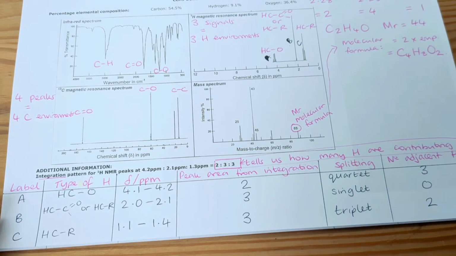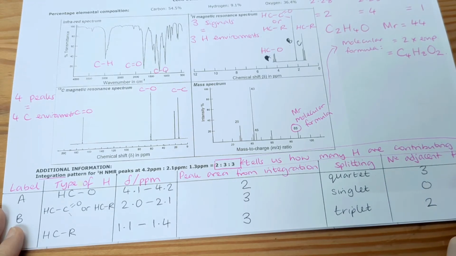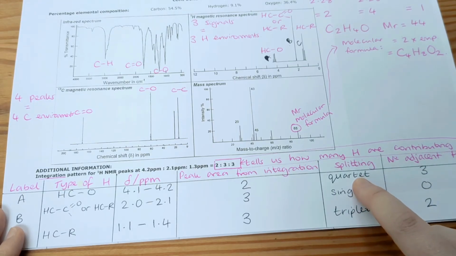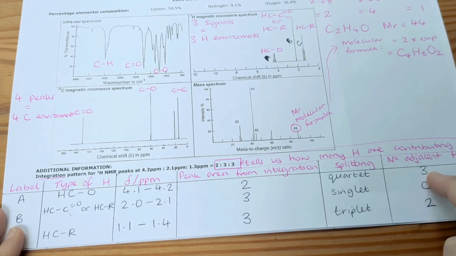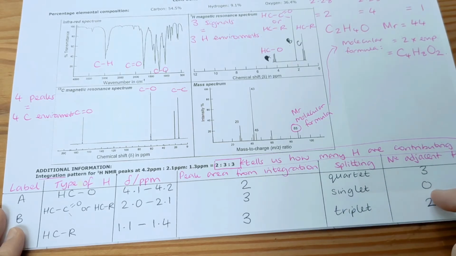Now, applying that concept called the n+1 rule, the number of peaks that a signal is split into is equal to the number of hydrogens on an adjacent carbon atom plus 1. So if that signal is split into 4, that means there's 3 hydrogens on the next door carbon. If a peak split into 1, that means that the next door carbon has 0 hydrogens attached.